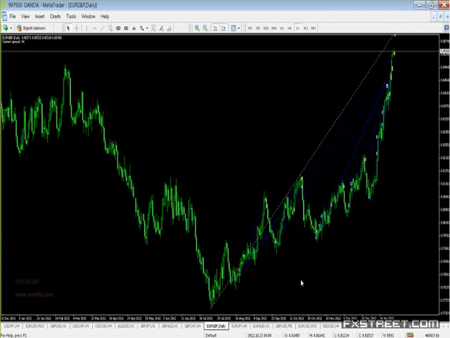First off, Euro GBP. This has been absolutely fantastic. It's been phenomenal, right? She's gone and hit target. Not only has she hit target, she's blasted pretty much through it.